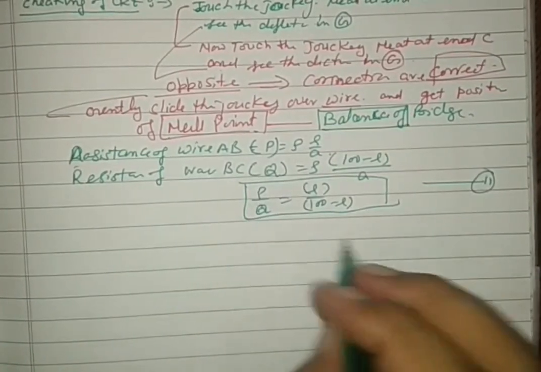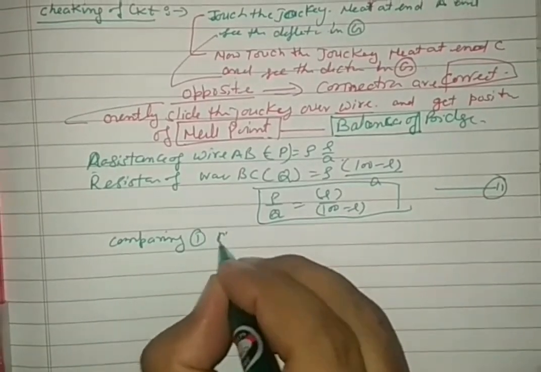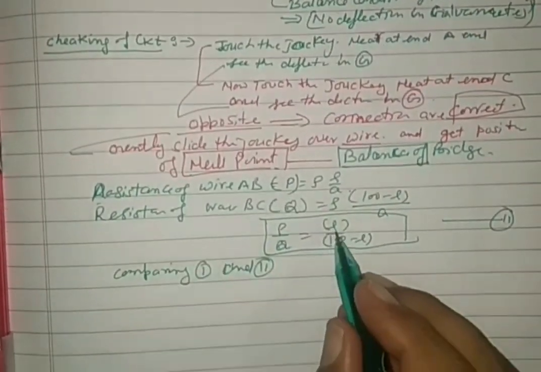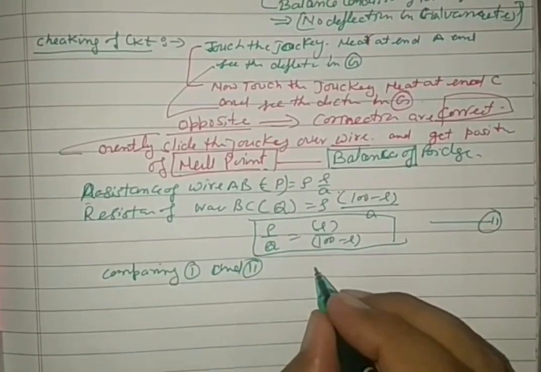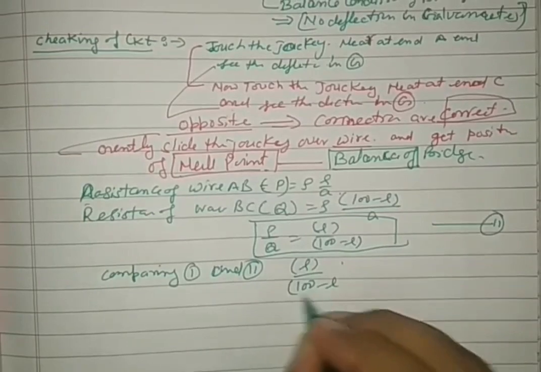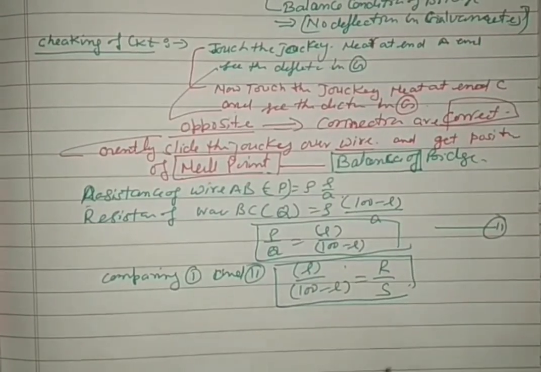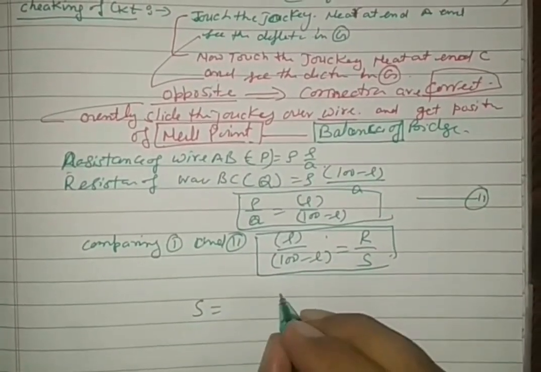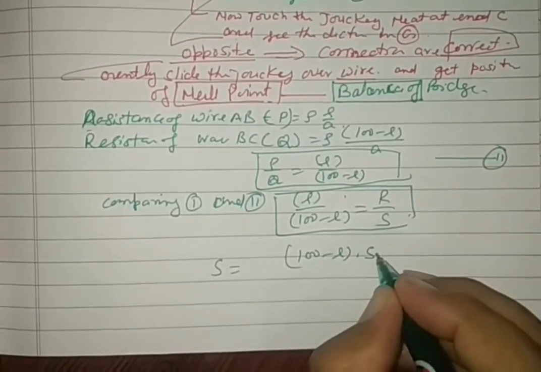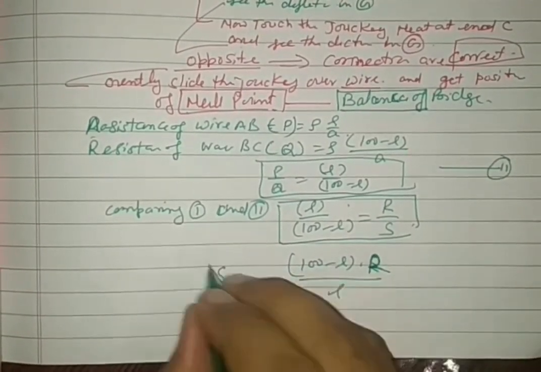Now, comparing equations 1 and 2, P by Q is equal to R by S, and P by Q is equal to L by (100 minus L). Then we may write L by (100 minus L) is equal to R by S. So the specimen wire resistance S can be obtained as S equals (100 minus L) times R by L. See here in the diagram.